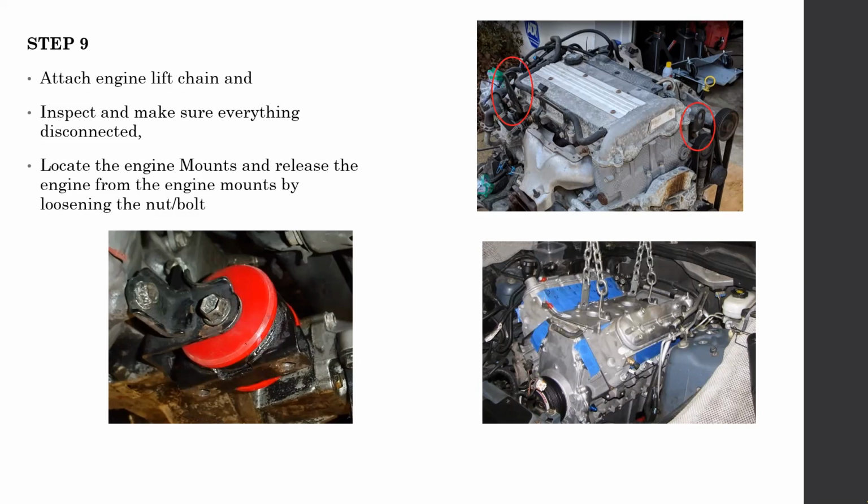Once you put the chain on, you have to let the chain feel the weight of the engine, so you apply the weight and remove the slack. After that, you have to locate the engine mounts. So now we come back to the engine mount or the engine layout. You have to find out where the engine mount is.